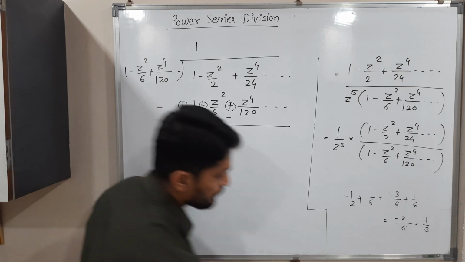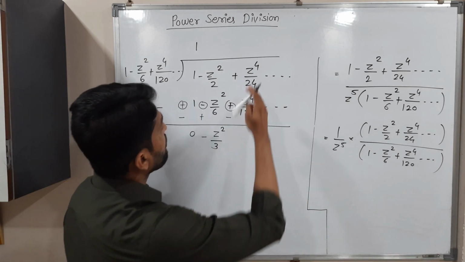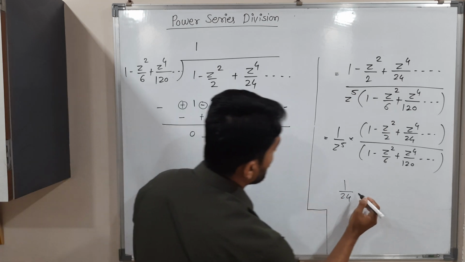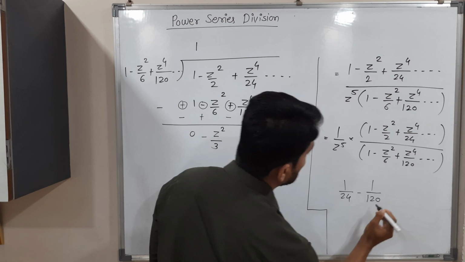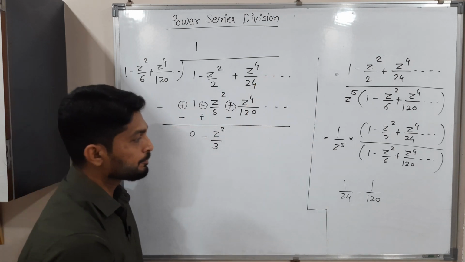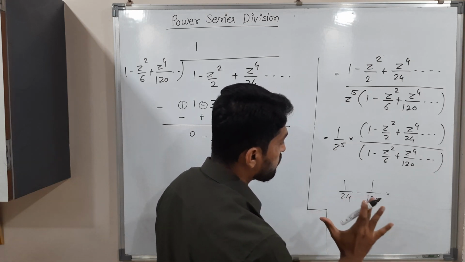What we have, let me do: 1 by 24 minus 1 by 120. I am just doing the calculation of coefficients only. Z raised to 4 will be as it is. Let us maintain the same denominator. Multiply numerator and denominator by 5.